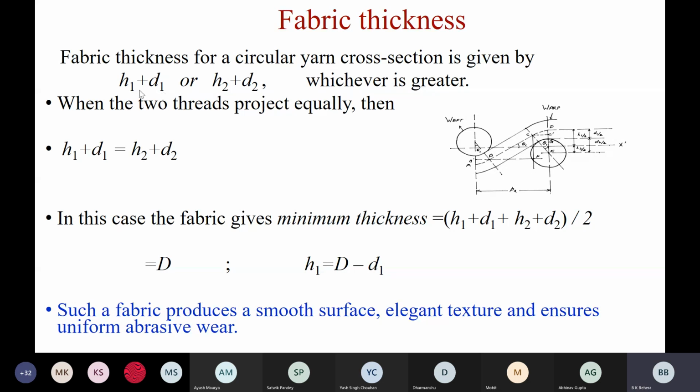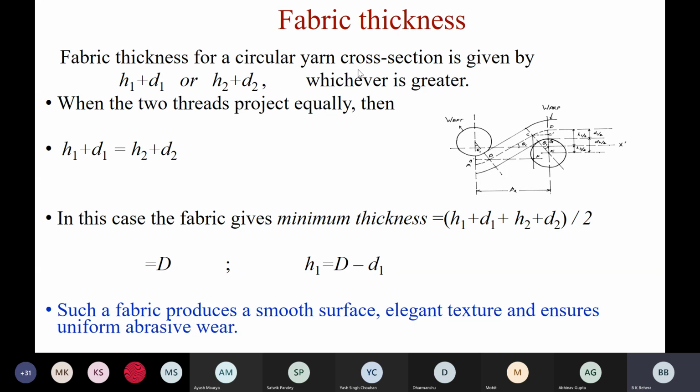Thickness of a fabric could be H1 plus D1 or H2 plus D2. Look at H1. This is H1 by 2 because we are taking center from the center. Half. Full is H1. Similarly, diameter D1. Full taking D. So thickness of fabric at any point could be H1 plus D1 or H2 plus D2, whichever is larger.